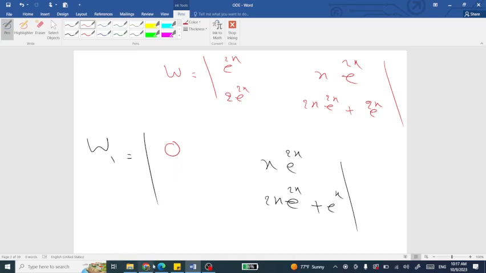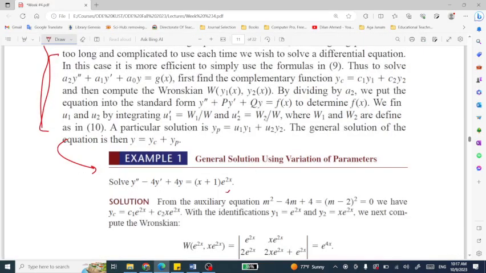What do I mean by that? I mean this function. This is in the standard form, and that one is my function. So I'm going to write x plus 1 e to power 2x.